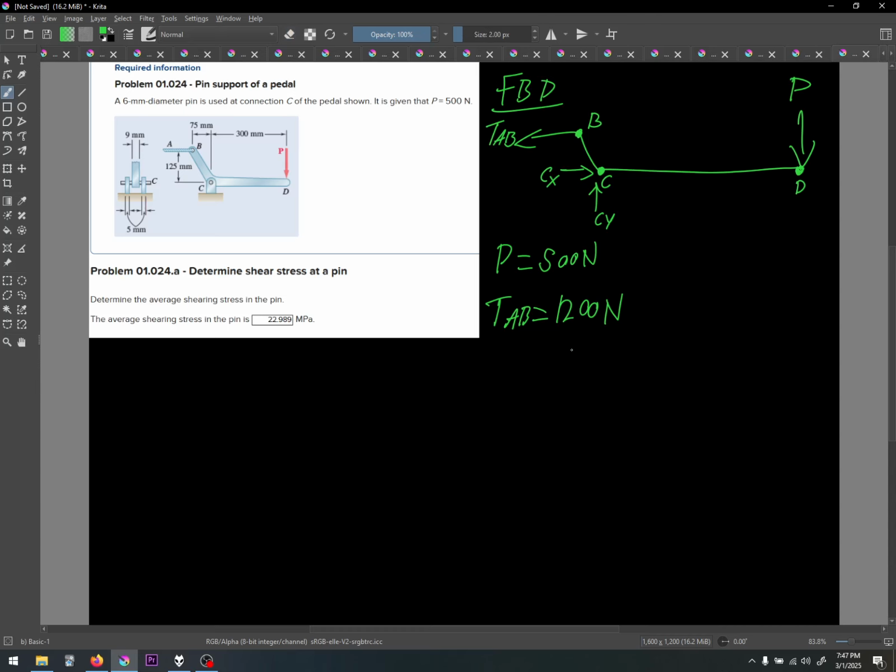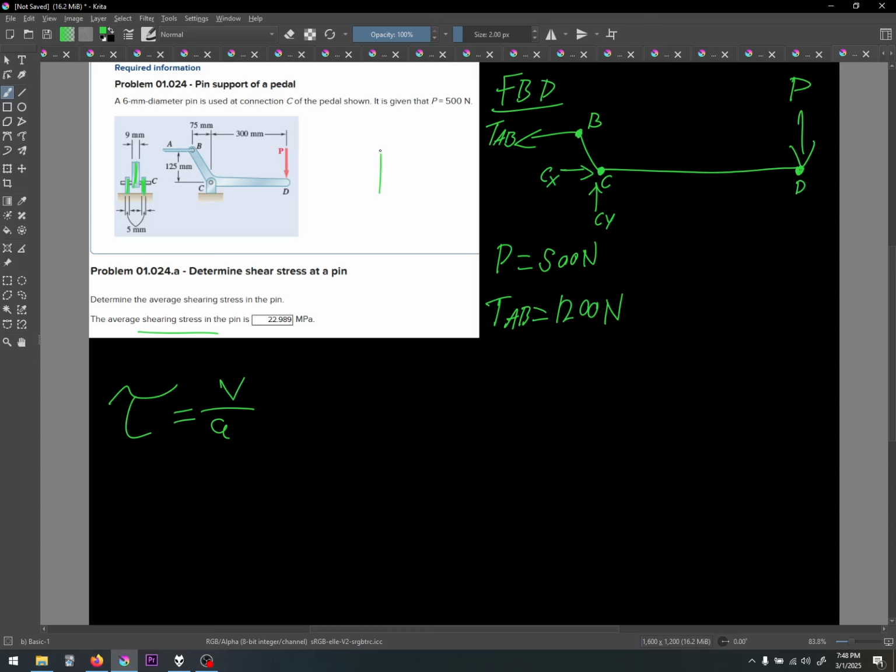Well, what's that give us? We're asked to find the shearing stress. If I look in my notes real quick and pull up a formula, shearing stress is equal to V over A for single shear. Now if we look here, we have this and this fighting against this.